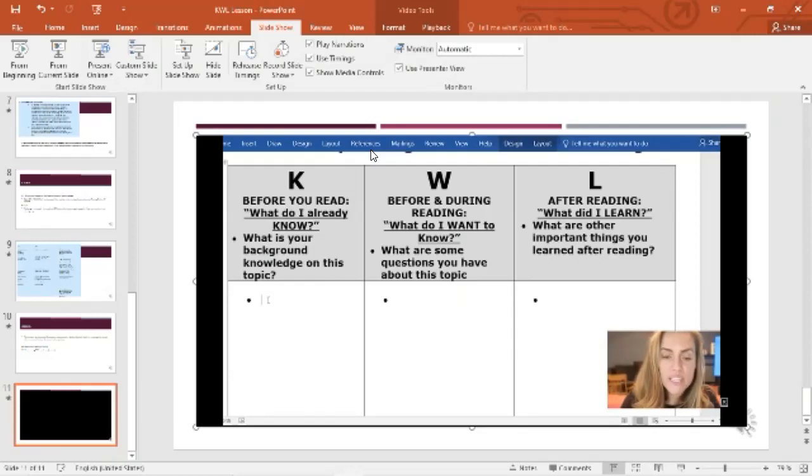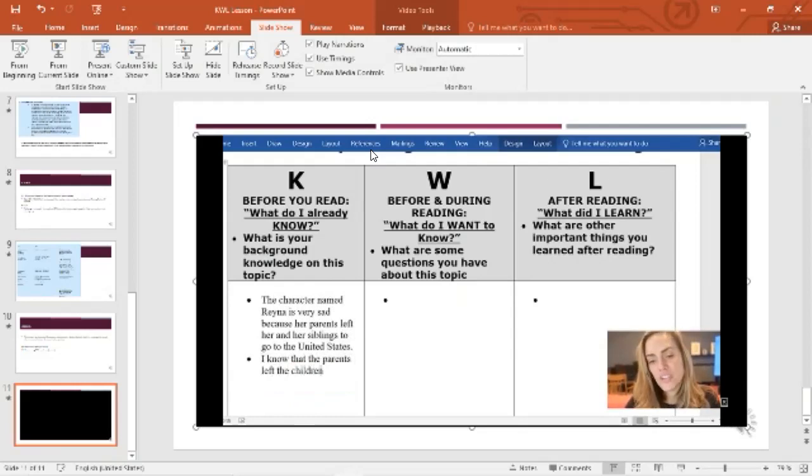What I know is that there's a character named Reina who is very sad because her parents left her and her siblings to go to the United States. I know that the parents left the children in Mexico for many years.